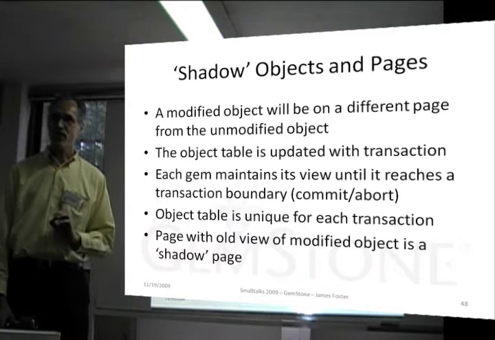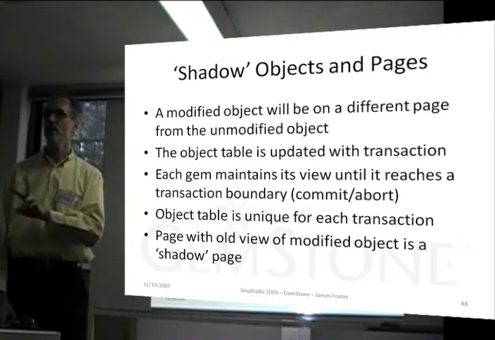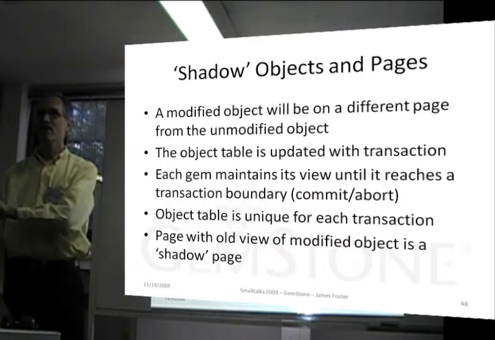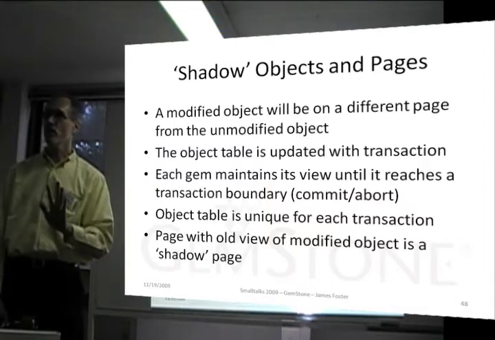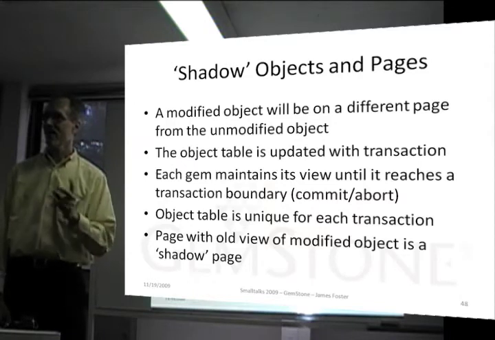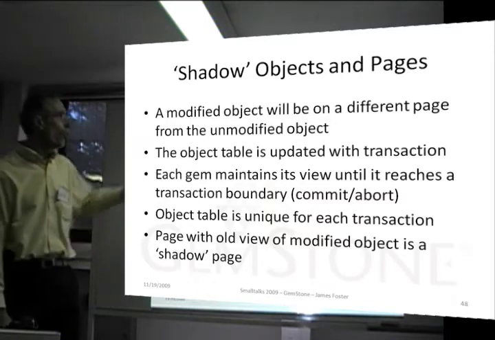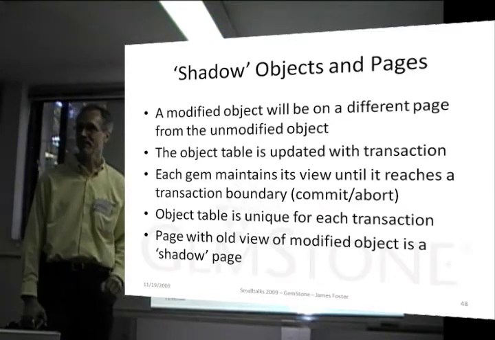If you were successful at that, then it turns out we'll have two versions of the object. One on an old page that has the old version of the object, one on a new page that has the new version of the object. Okay, so now we have two versions of the object. The old version is called a shadow object.